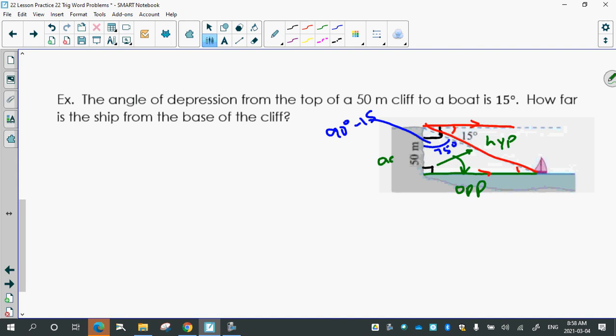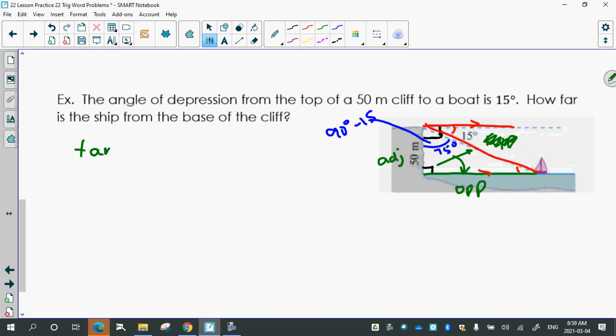And then the cliff is going to end up being my adjacent side. So which side am I going to cross off? Because I'm not asked to find it and I don't know. The hypotenuse, good. So that leaves me with opposite and adjacent, which is which trig formula? SOH CAH TOA? TOA. I have opposite and adjacent, so it's tan.